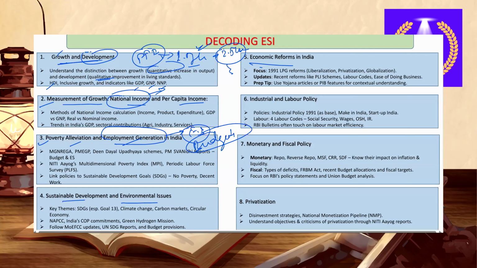Sustainable development, the SDGs: the 17 goals and 169 targets of SDG, how India is willingly contributing to meet the goals of the SDGs. In which aspects are we doing so willingly?